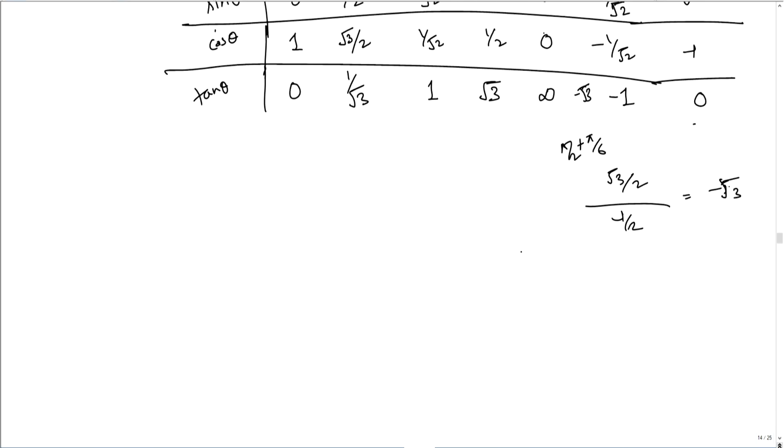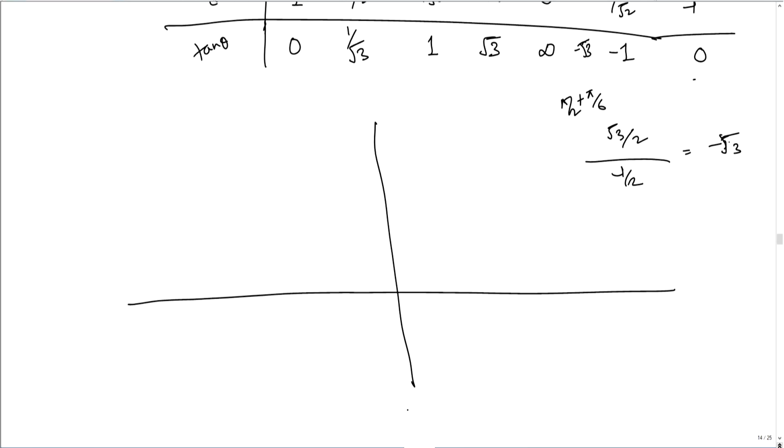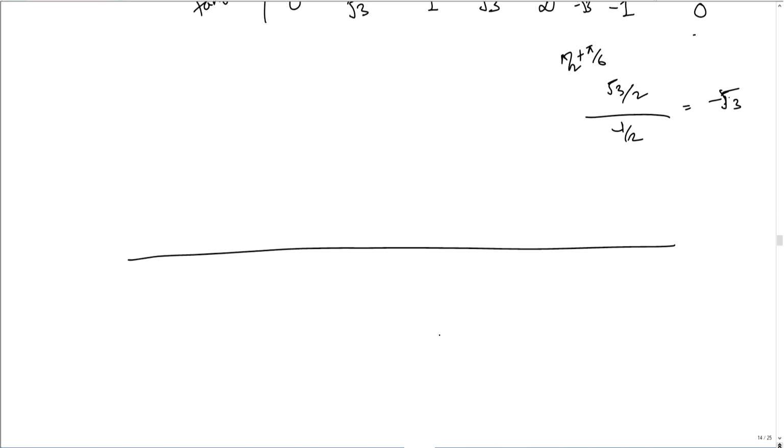So the graph seems to be growing like this. We are drawing the graph of tan theta. This is the y axis, let's say this is pi by 2 and this is pi.